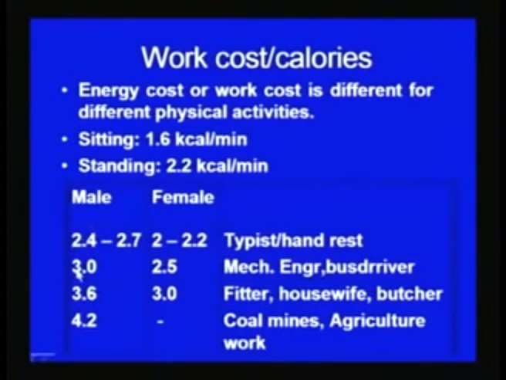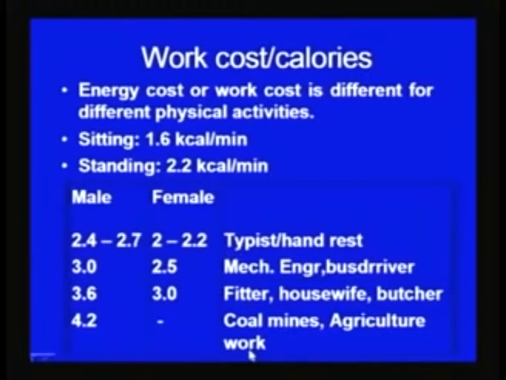Here the male will be consuming energy of about 3 kilocalorie, while the female will be consuming energy at about 2.5 kilocalorie per minute. Somewhat heavier work, like fitters, housewives and butchers, will be about 3.6 kilocalorie per minute for males, while for females it is 3 kilocalorie per minute.